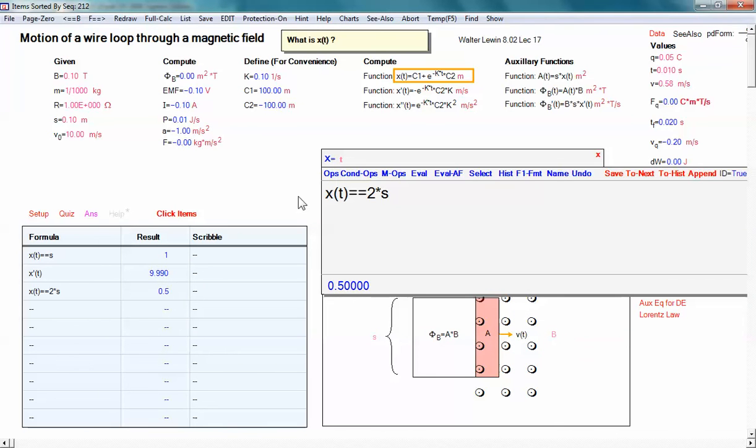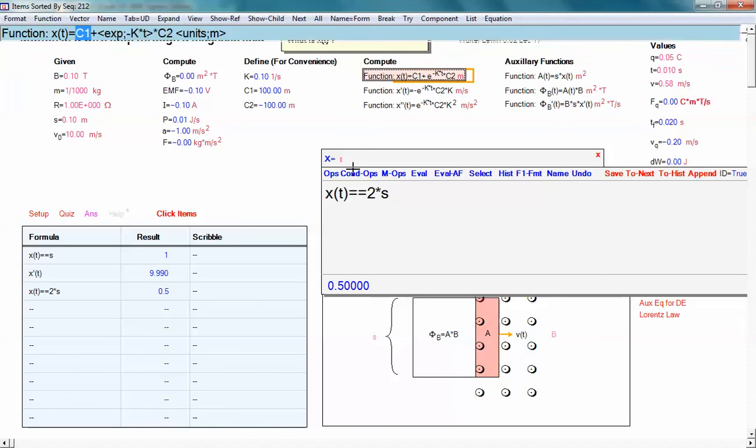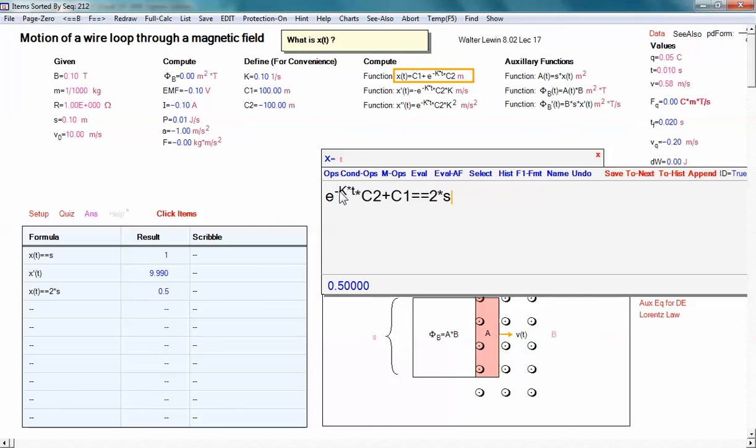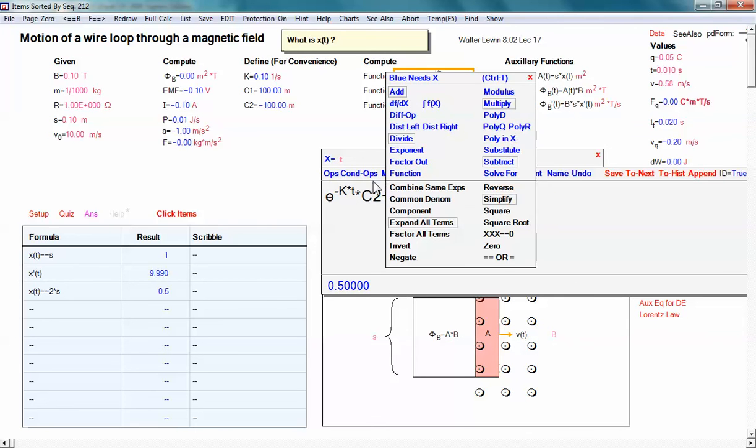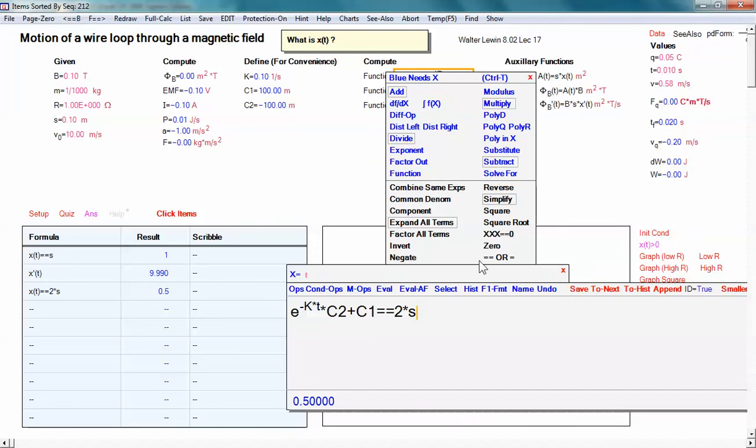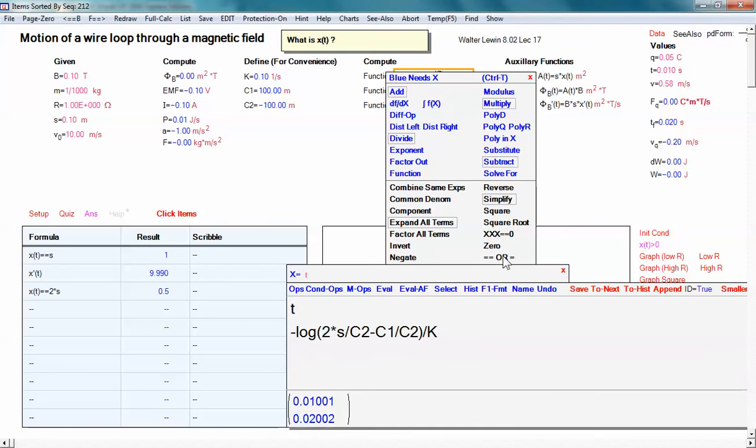Again, I'm just going to substitute for the function and let the program do the hard work, solve for t. And then let's see what that number is. That number is 0.022.